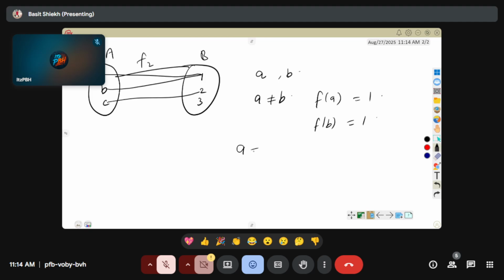For a not equal to b, checking for one-one, f of a should not equal f of b. Here we got f of a equals f of b, so it does not hold our definition. This function f is not one-one. Is this clear?